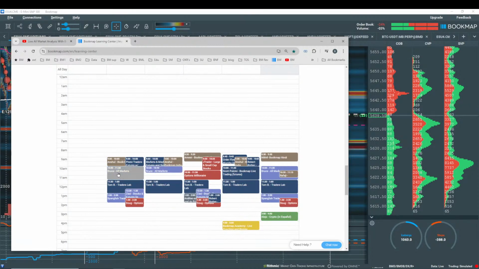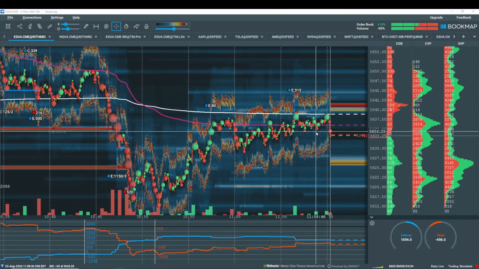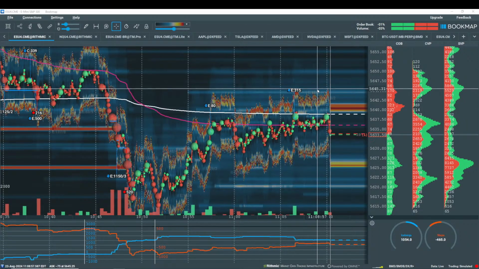Okay, so the Bruce All Markets webinar here, which we'll probably rebrand soon, is a foundation on order flow, understanding what makes the market move, the behavior. I'm not going over a specific style of trading.